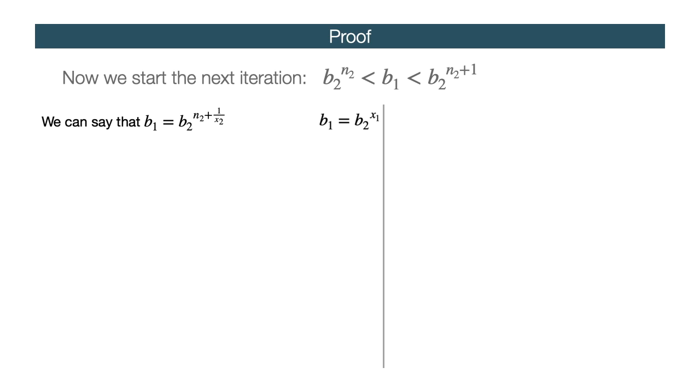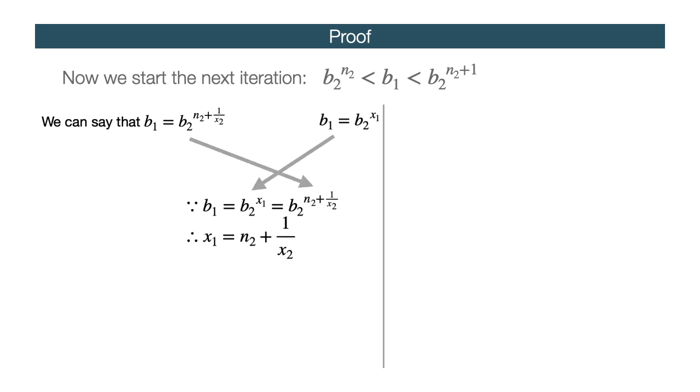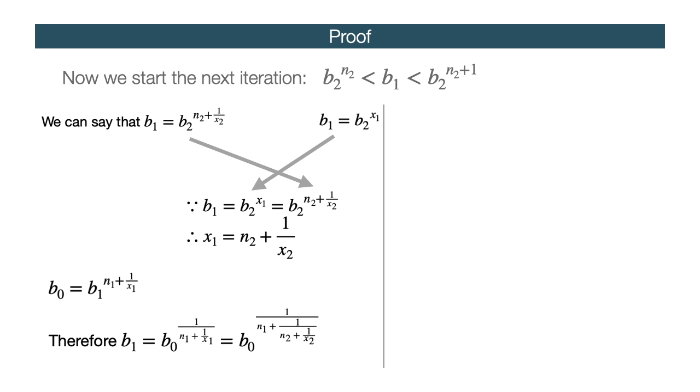And since we already know that b1 equals b2 to the power of x1, this means that x1 must be equal to n2 plus 1 over x2. And we know that b0 is equal to b1 to the power of n1 plus 1 over x1, and therefore b0 is equal to b2 to the power of 1 over n1 plus 1 over n2 plus 1 over x2.